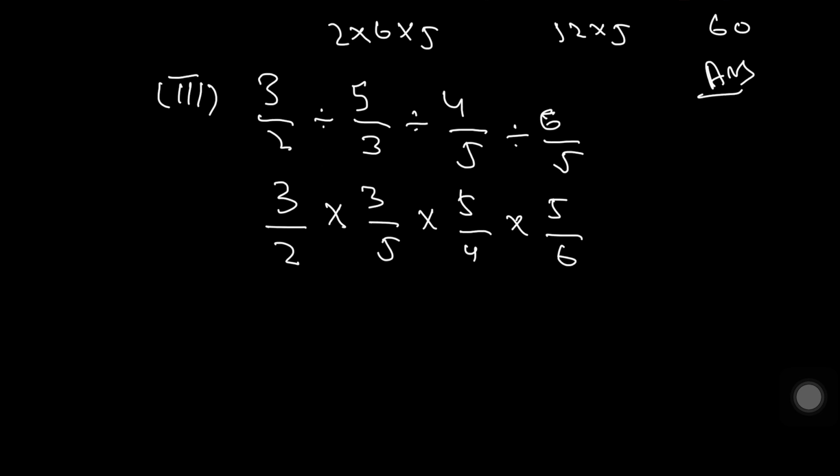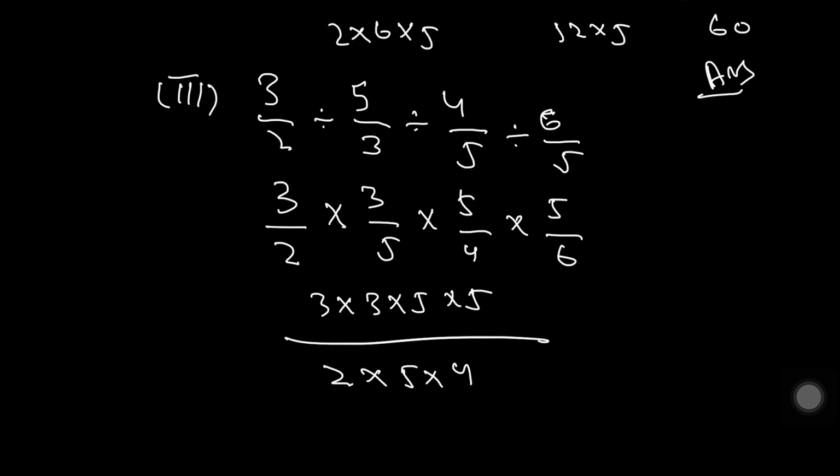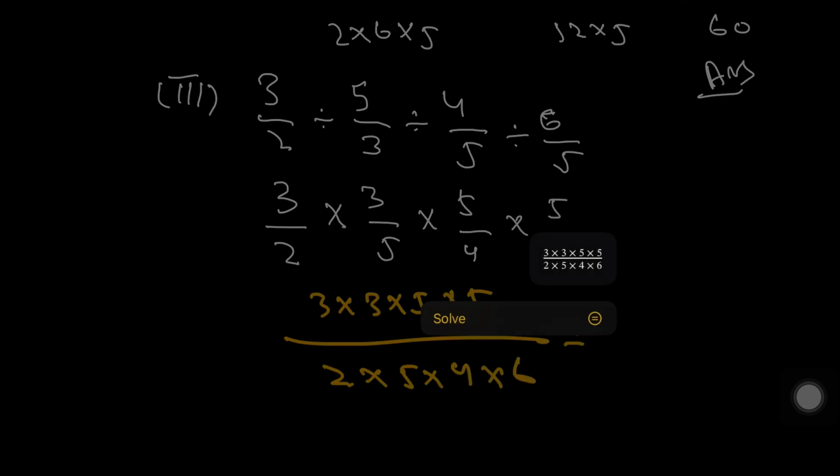Same process: 3 multiply 5 multiply 5 divided by 2 multiply 5 multiply 4 multiply 6.